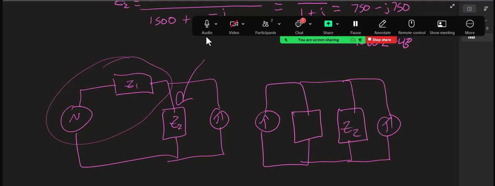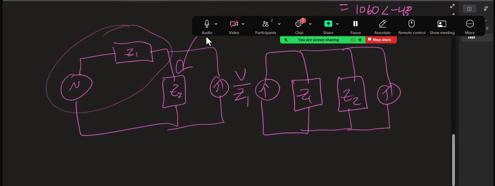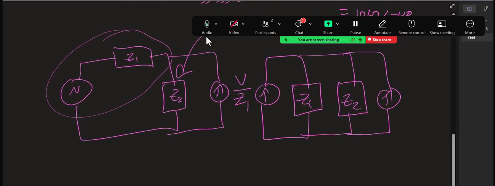So the impedance doesn't change. The current becomes the voltage over the impedance.